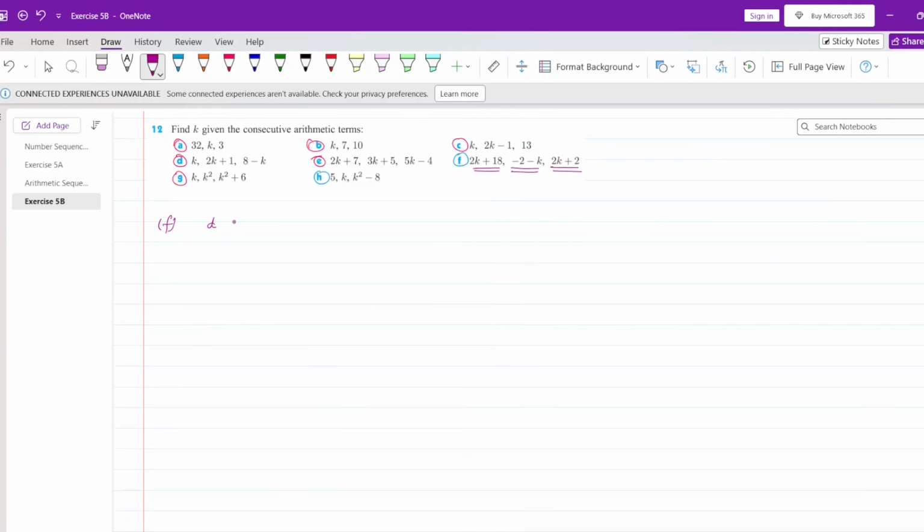Or simply we can say d is going to be negative 2 minus k minus 2k plus 18, and d is also going to be 2k plus 2 minus negative 2 minus k. And we know this d is going to be same for an arithmetic series.